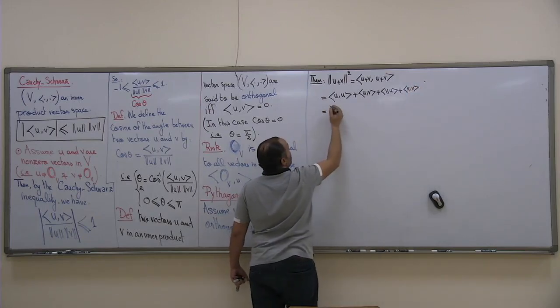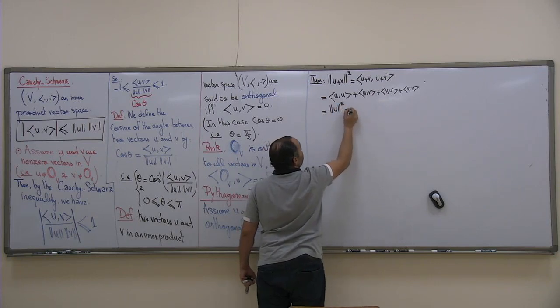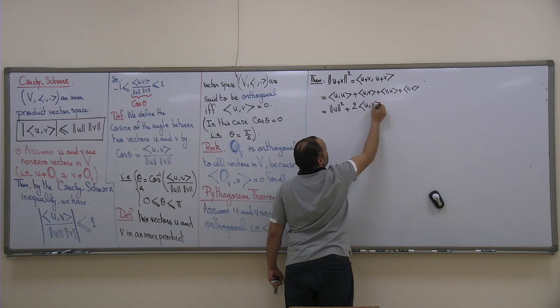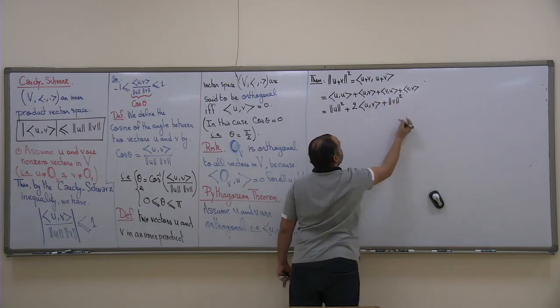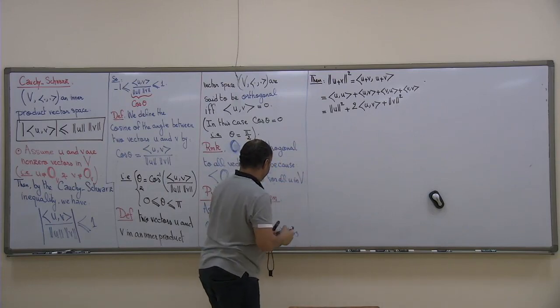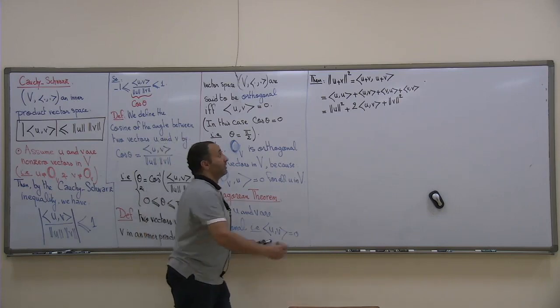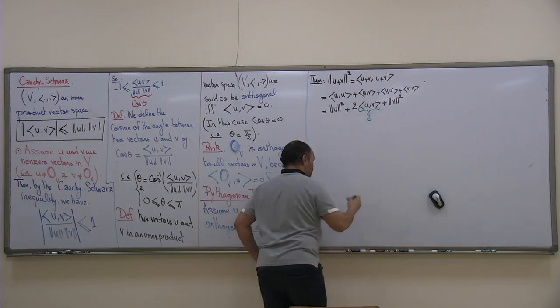So it's equal to the norm of u squared plus, since it is symmetric, I can write 2 times the inner product of u and v, plus the norm of v squared. Now our assumption is that u and v are orthogonal to each other, so this quantity here is equal to 0.